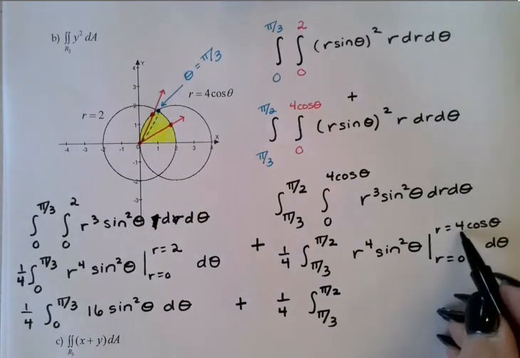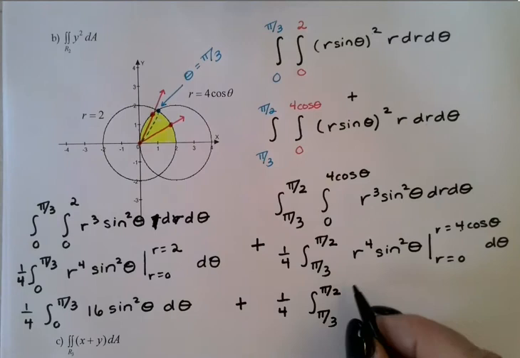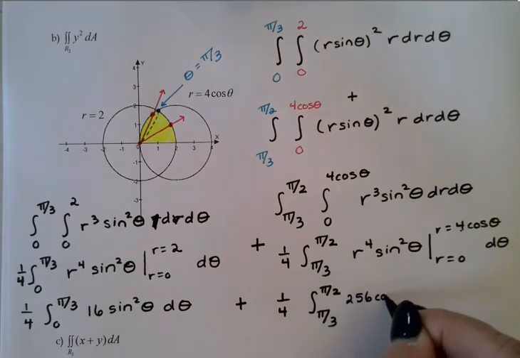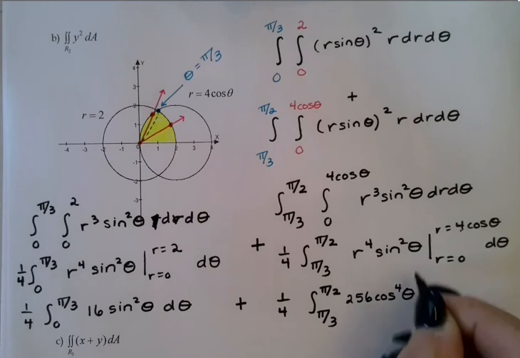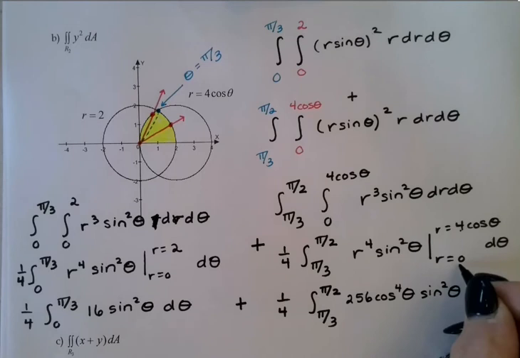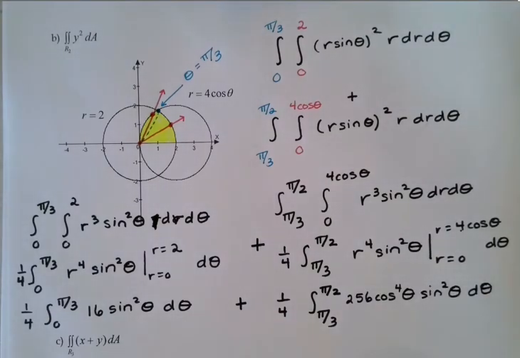And plugging in r to the 4th, it's going to give me 256 cosine to the 4th of theta times sine squared theta minus 0, and that still has to be integrated d theta.